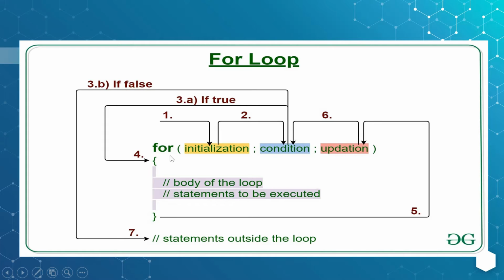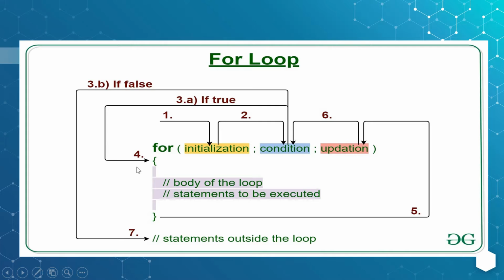In the for loop, the first one is initialization, second is condition, and third one is updation. The first step of the for loop is it will initialize the variable, and then it will check the condition.